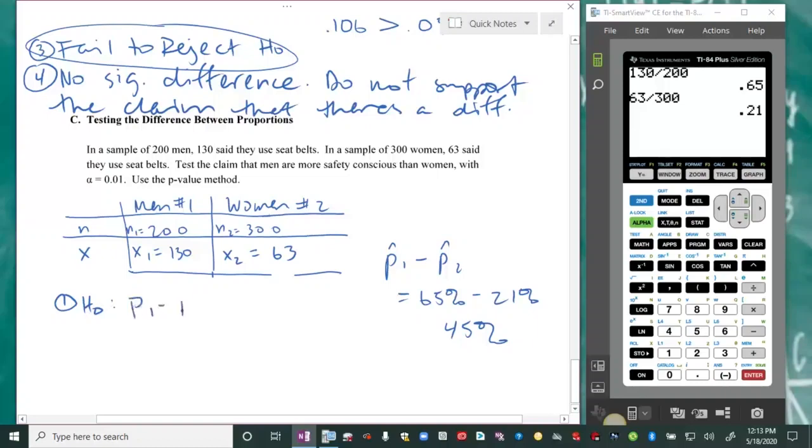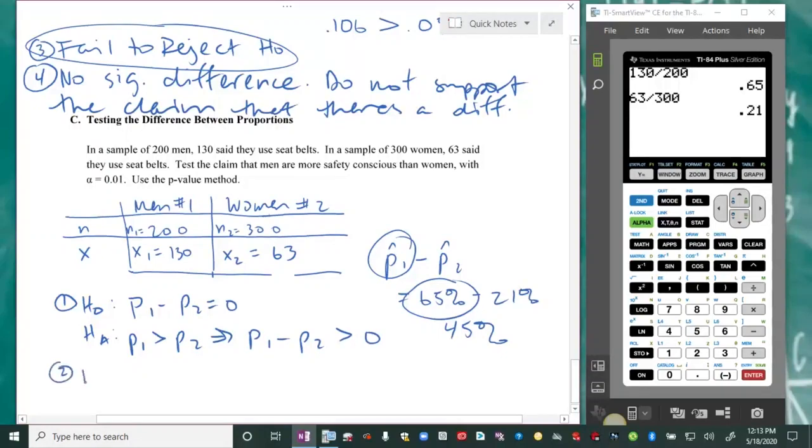So P1 minus P2 is equal to 0. My alternative hypothesis, let's go back and read this, are men more safety conscious than women? If they are, they're going to have a higher percent. So that would say that P1 is greater than P2. If we put that together as a difference, P1 minus P2 is greater than 0, just moving P2 to the other side. Let's do a p-value, yay.